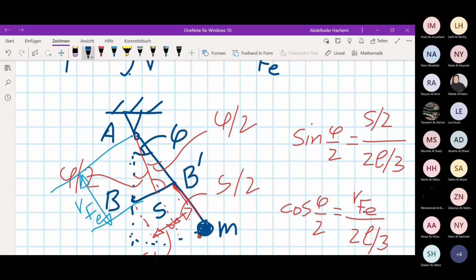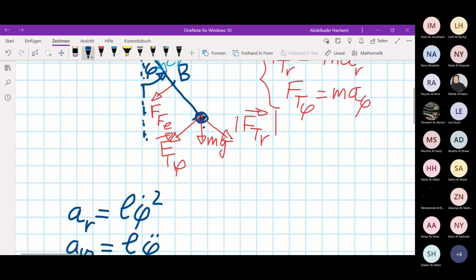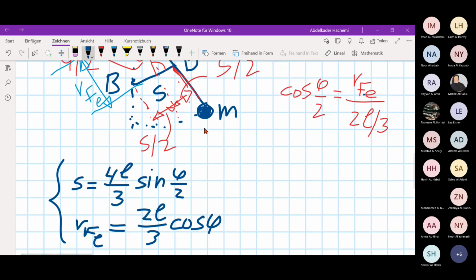This one is only L sine phi. And additionally, we have the inertia force, the circumferential one, m a_phi multiplied by this distance L. This one in radial direction makes no moment as there is no distance. This one coincides with the rod direction.